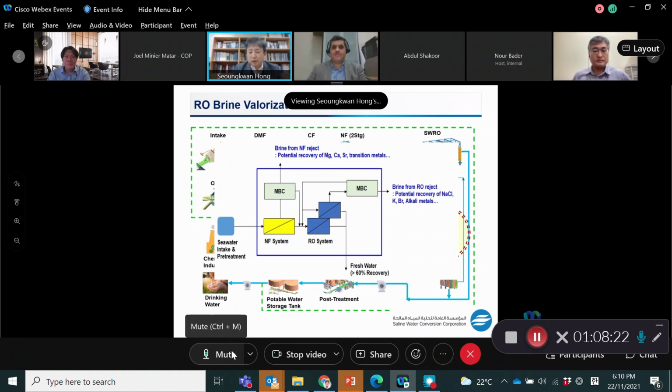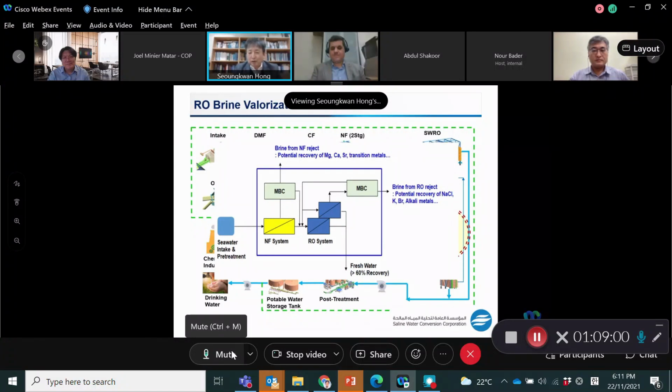Right now, ultra high pressure RO membrane has been developed, but as far as I know, 120 bar or even 150 bar is the maximum pressure that we can apply to this ultra high pressure RO membrane process. We still need something like 200 bar hydraulic pressure to overcome the osmotic pressure of these highly concentrated NaCl solutions.